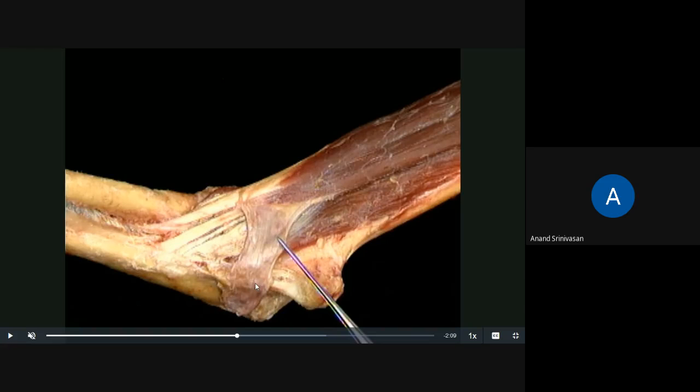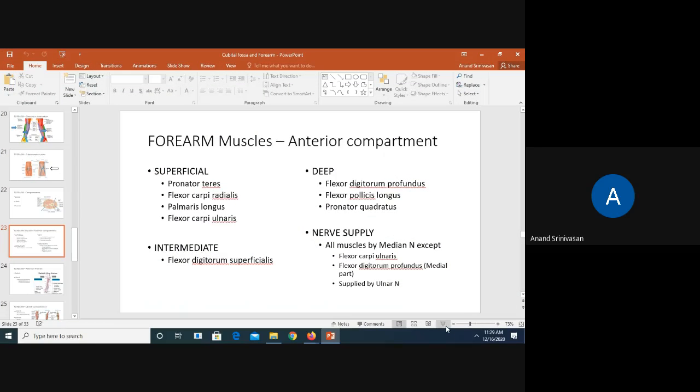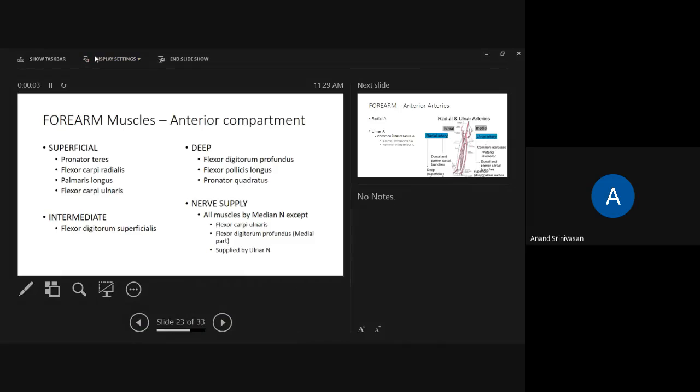I suggest you go through this video as many times as you want so that you can understand much better. All right, so make use of this video. Now I will be telling you how to remember these muscles and what the names of these muscles are.